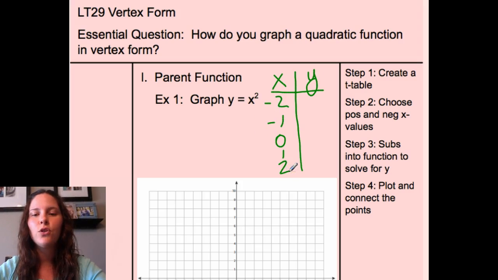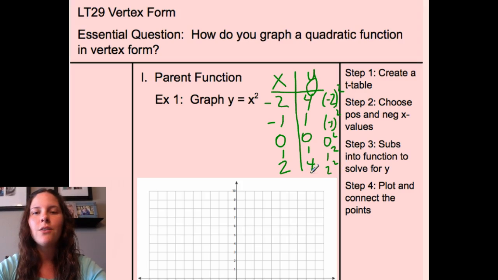It's helpful to choose both positive and negative x values, and then we're going to substitute those into the function. So remember, when we take a -2 and square it, multiplying something by itself creates a positive. So we get a positive 4. -1 squared becomes a positive 1. 0 squared, of course, is 0. 1 squared is 1. And 2 squared is 4.